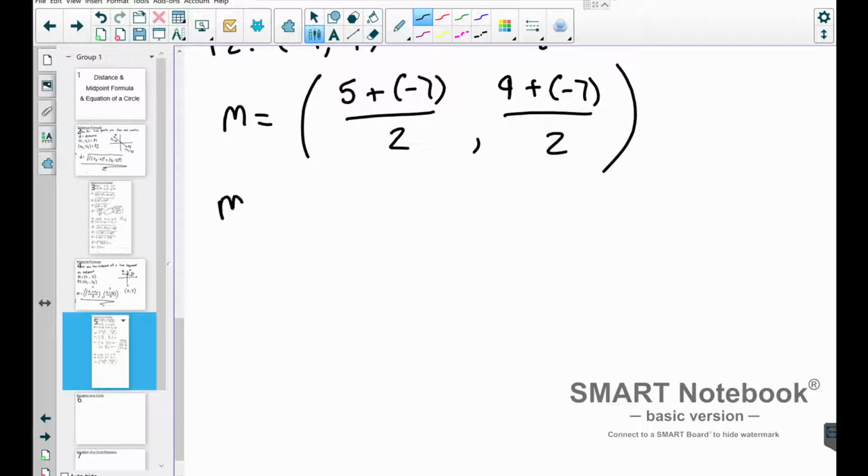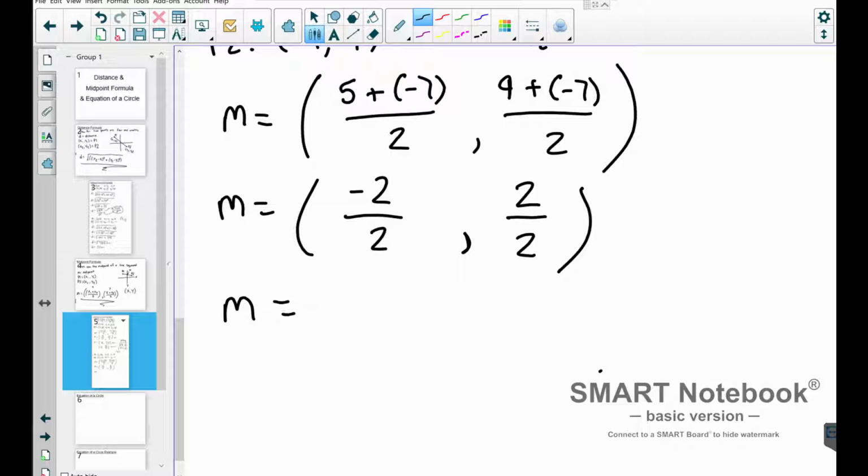So we can say M is going to be equal to, well, 5 plus a -7 is the same as 5 minus 7, so we have -2 over 2 as our first coordinate, and 9 plus a -7 leaves us with just 2 over 2 as our second. So we simplify these. -2 divided by 2 is just going to be -1, and 2 divided by 2 is just going to be 1. So that's what we end up with.